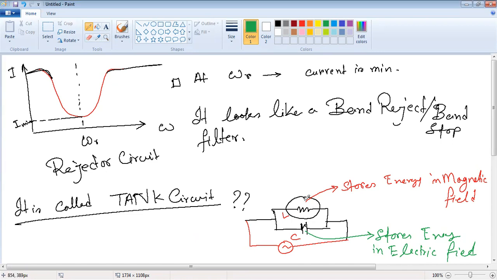It works just like a volleyball. Whenever the inductor stores its energy, it discharges it, and whenever it discharges its energy, the capacitor stores it. One time it is going here, one time going here. It is ultimately accumulating over here, but it is moving from inductor to capacitor, capacitor to inductor, and it goes on. That's why this circuit is called the tank circuit, and it is the behavior of this tank circuit.